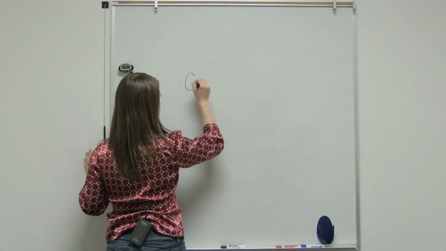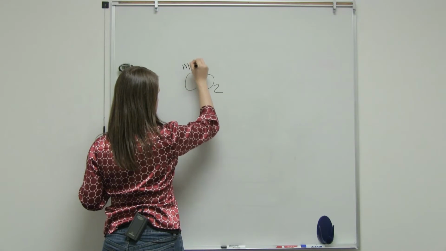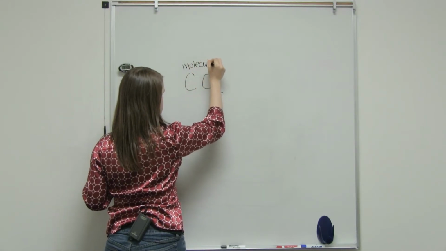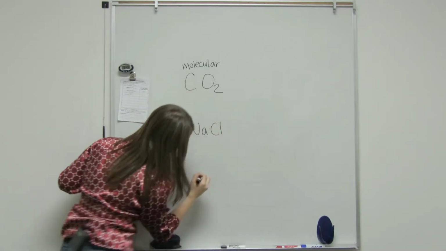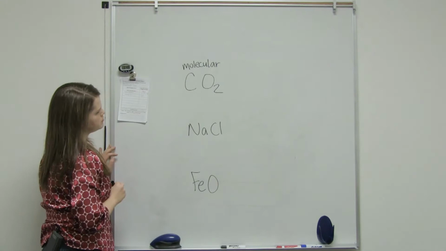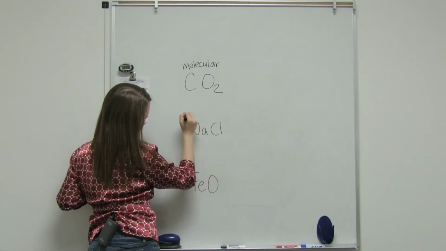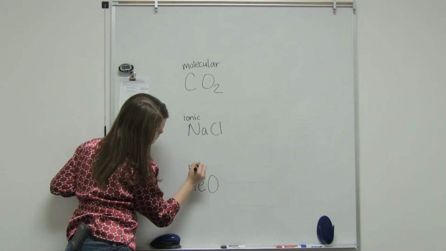So we have our CO2, which we determined is molecular. We have our NaCl, and then we have our iron oxide guy. We determined he's ionic, right?